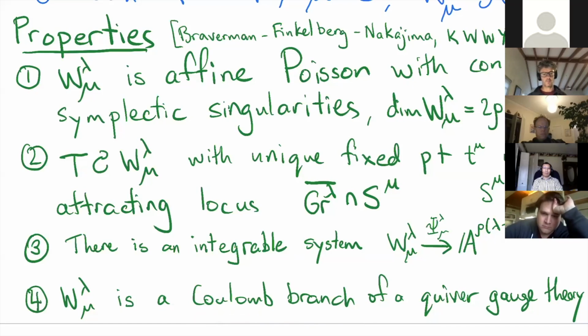And we'll return to later and talk about what this Coulomb branch means, but it's a way of defining W lambda mu, not using this intersection of things in the affine Grassmannian. So a kind of different way of defining W lambda mu. And it starts with quiver gauge theory. So some data involving a quiver and representations of the quiver. And from that, you can build W lambda mu. So we'll return to that later in the talk.